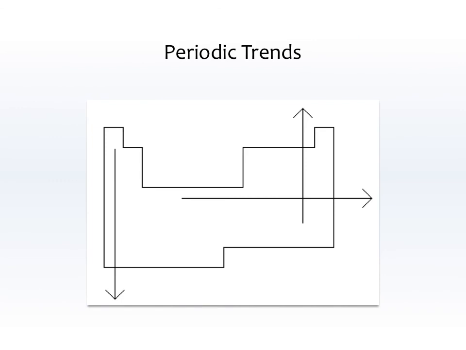Last thing before we go, let's fill in this periodic table, maybe on that blank page that you had your periodic table written on, to show where the trends are going.